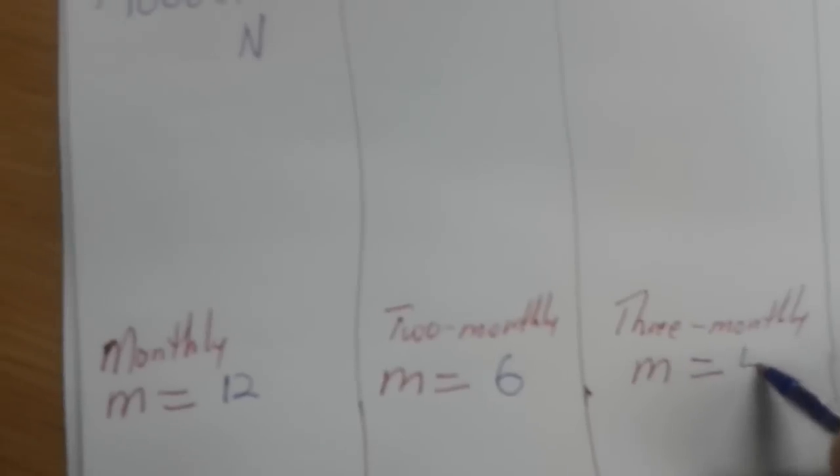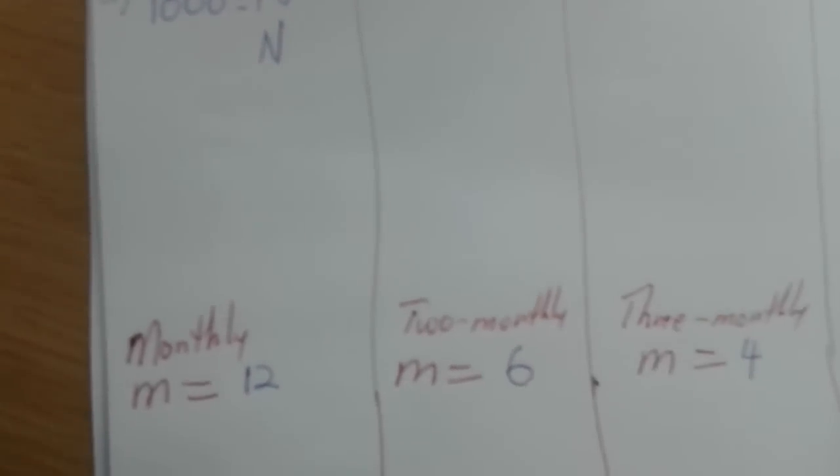Good. So if we compound monthly, your m is 12, because remember m is the number of compounds per year. 2 monthly, your m is 6. 3 monthly, your m is 4, because it's quarterly. 4 monthly is 3. People always confuse these two.